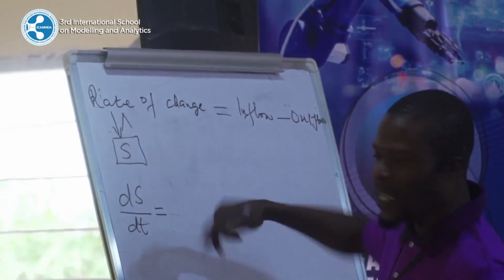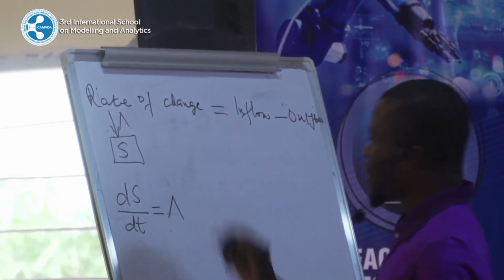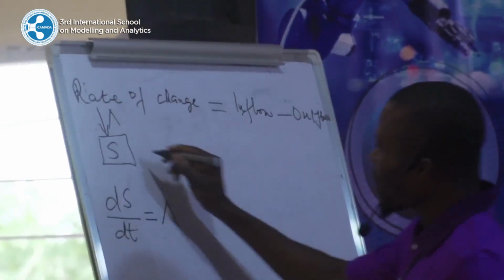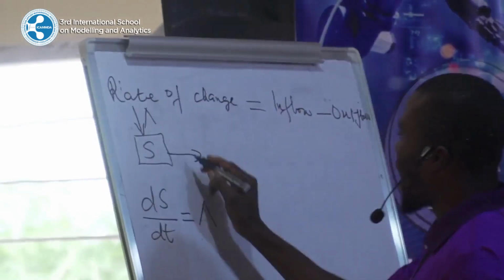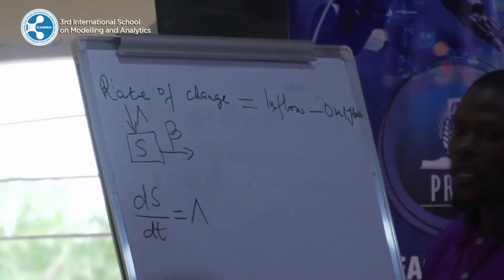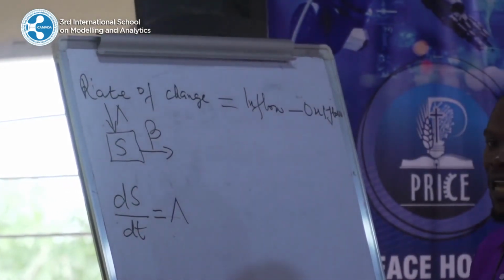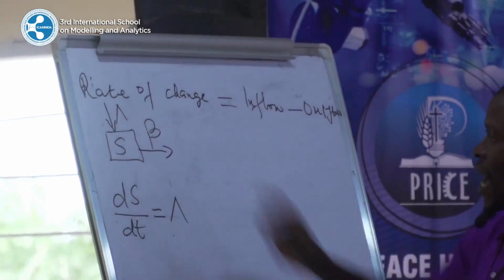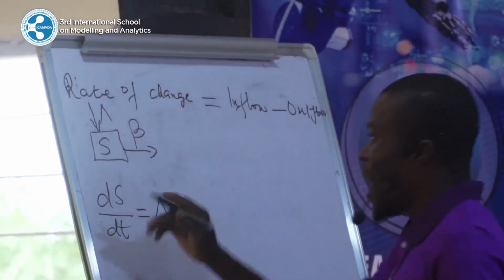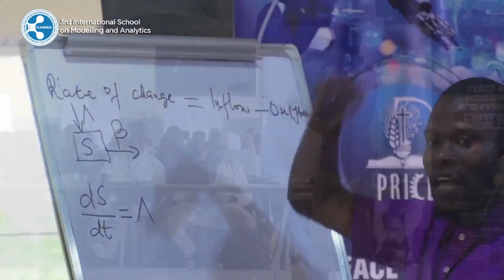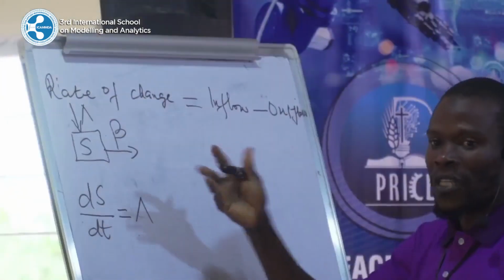What is coming in, which is lambda. And what is taking people out of that class is transmission, at rate beta. Whenever an arrow is going out of that compartment, it means outflow.